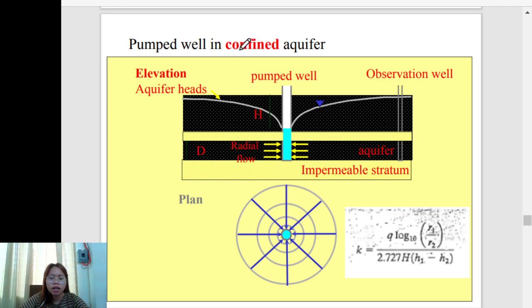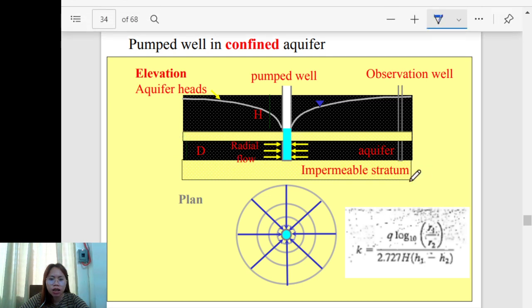Pumping well in a confined aquifer. We have this pumping well. Confined means we have an impermeable stratum or impervious layer, and another impervious layer.